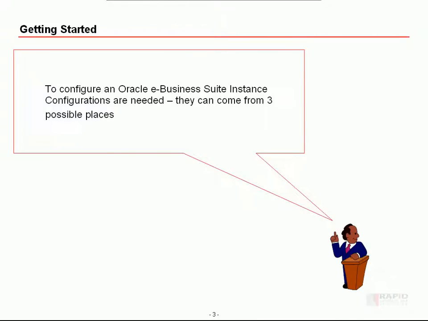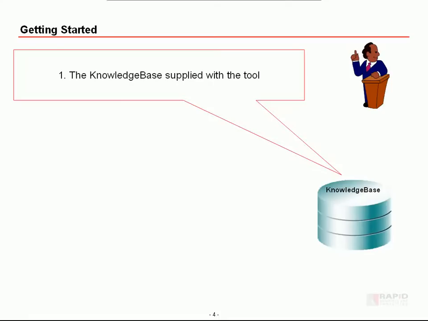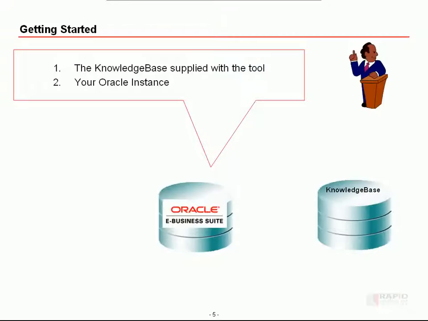So getting started, we need some configurations. They can come from three possible places. Number one, they're supplied with the tool and they're already inside the knowledge base. You can leverage those if you're going to do a brand new implementation. Number two, they can come from an Oracle instance.